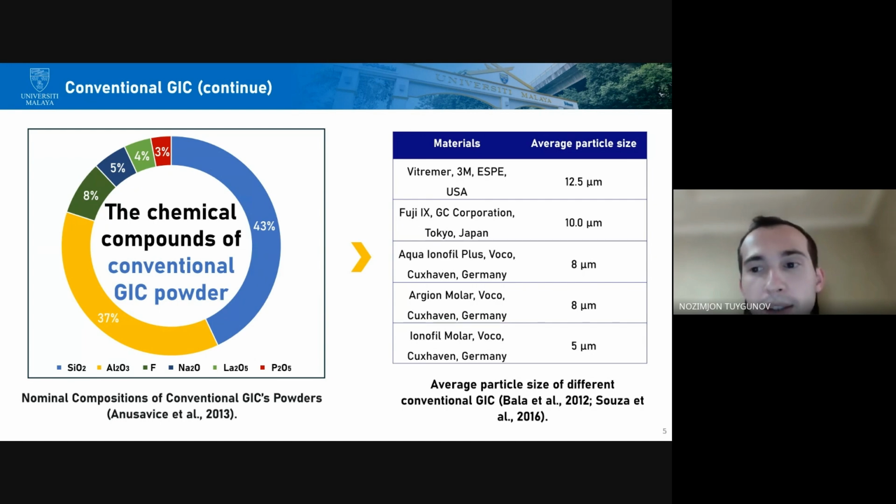Generally, glass ionomer cements are not divided by particle size. However, the particle size of our material can vary from 5 up to 20 micrometers. On the right-hand side of the table, we can see the different particle sizes of different commercially available conventional glass ionomer cements.